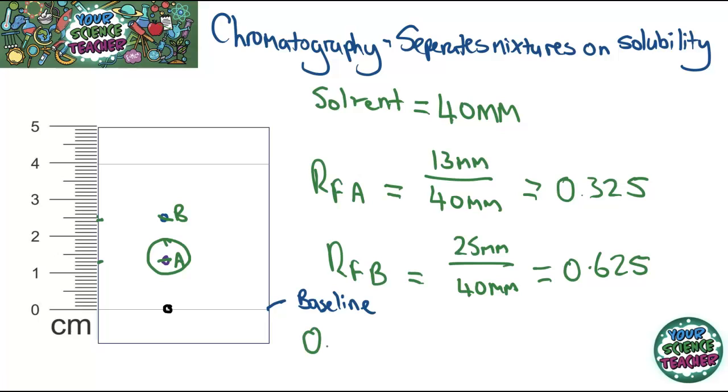Spot A has an RF value of 0.325, so I can tell you how much that spot should have gone up on their chromatogram by simply rearranging that equation, and it would have gone up around 14.6 millimeters on their chromatogram.